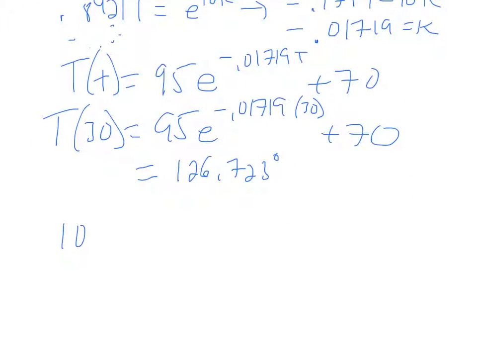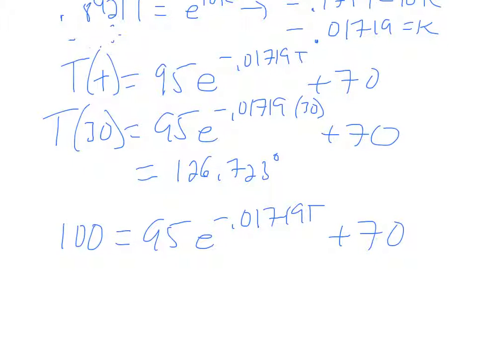So when is 100 equal to 95 e to the negative 0.01719 t plus 70? Subtract 70, divide by 95. So 30 divided by 95 is 0.3158. Whoops, I wrote it wrong; said it correctly, wrote it wrong. 0.3158 equals e to the negative 0.01719 t.